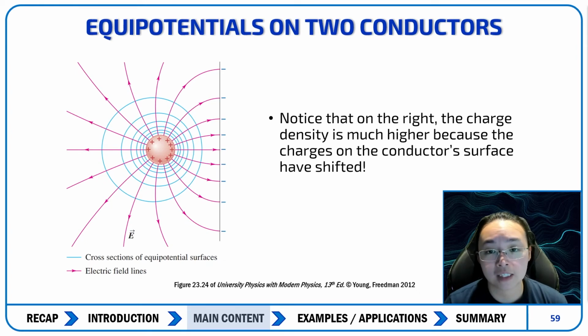Next, I want to take a look at equipotentials on two conductors. Once again, we haven't talked about conductors a lot yet, but we now have a positively charged object where the charge, because it's a conductor, is distributed on the surface. You then have a negatively charged plate where the negative charges are distributed across the surface as well.